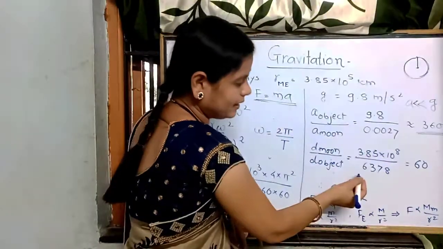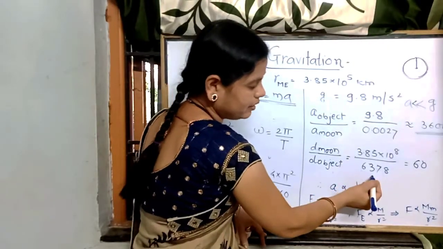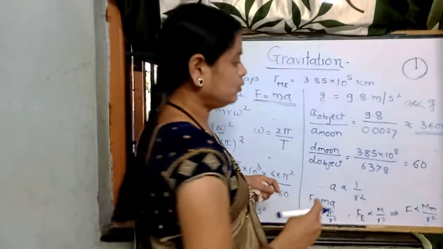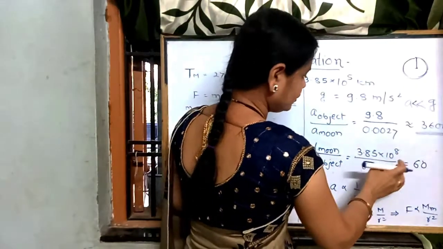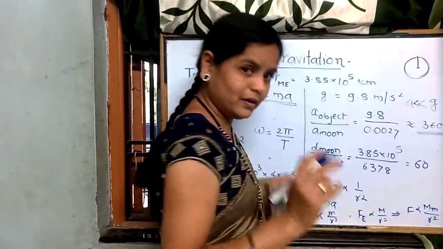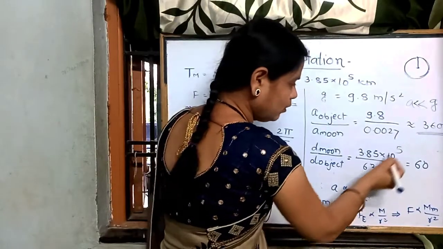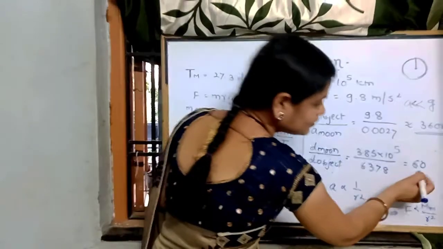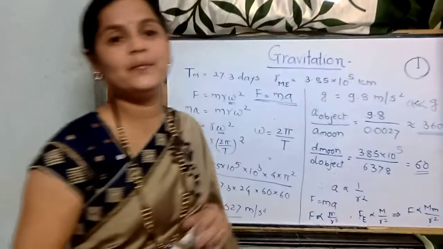It is exactly 6378 kilometer. Fine. If both are taken in kilometer, or converted into meter, and this ratio is taken, it is equal to 60.